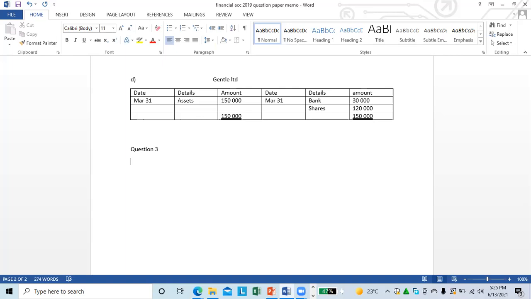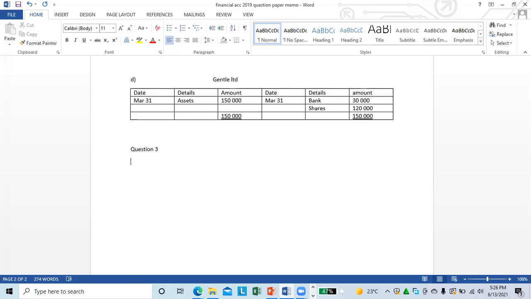And lastly, Rita paid the balance of the selling price, the remaining 10,000, from her private funds directly to Barry.